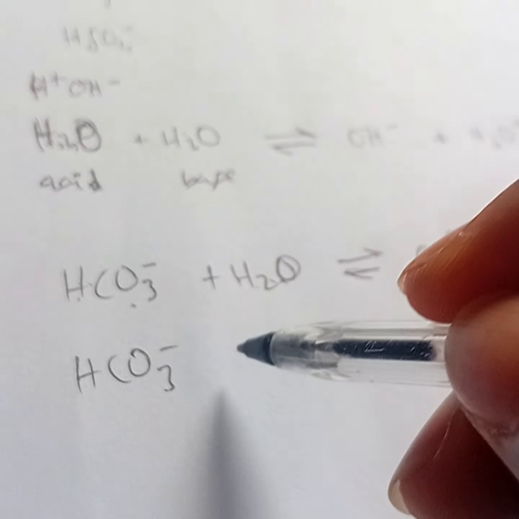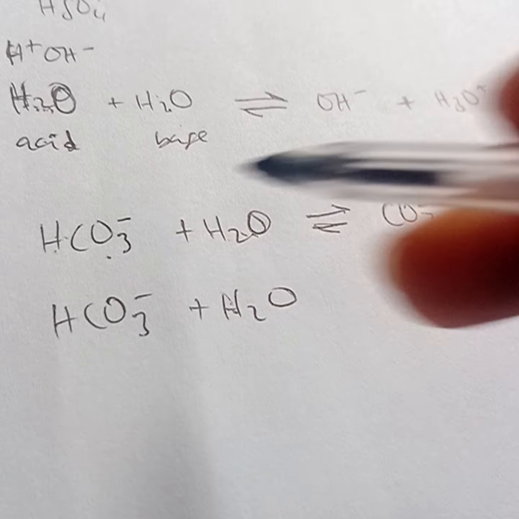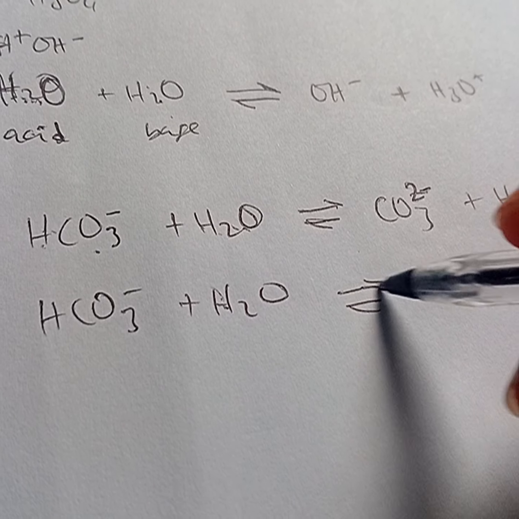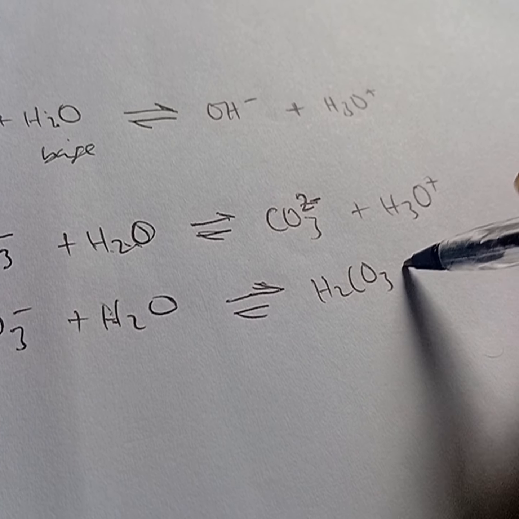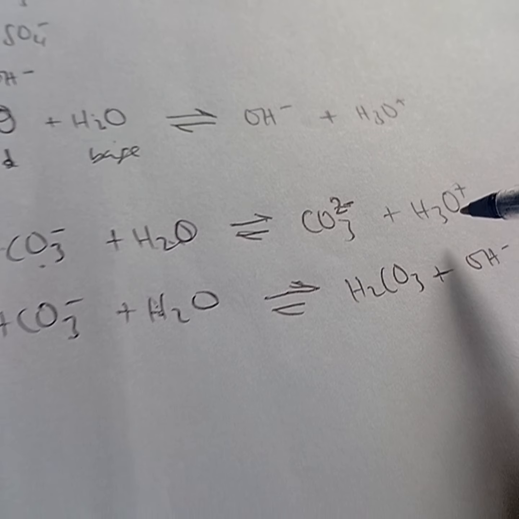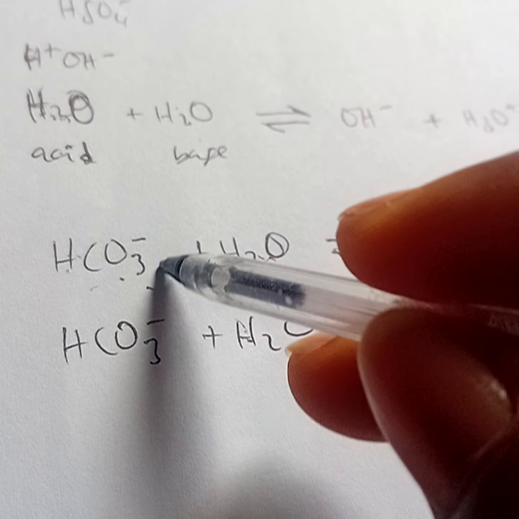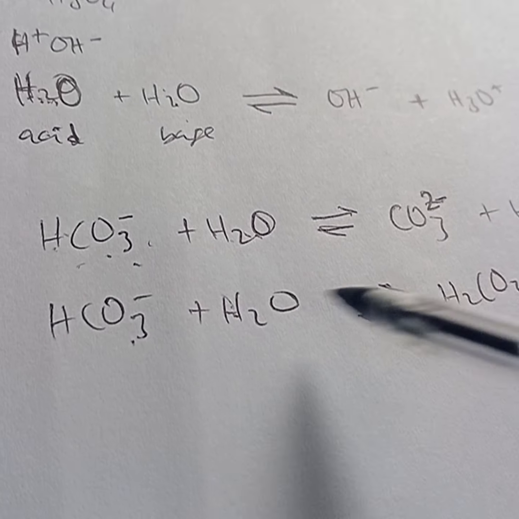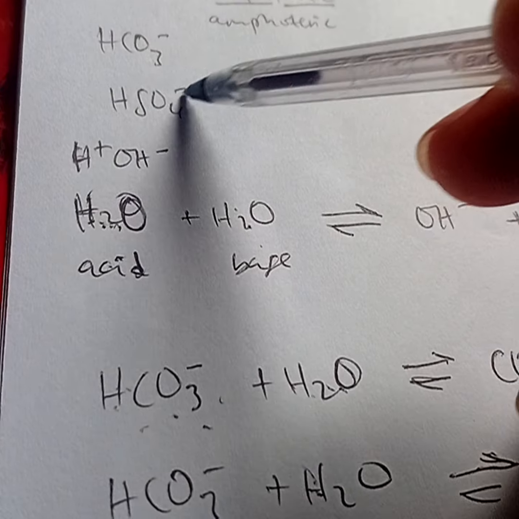Also, it could have accepted a proton from the water. Water will now protonate it to become H2CO3, and the water becomes OH minus. So, as you can see, the same species is donating a proton here, and accepting a proton there. So, amphoteric. You can do the same for this one.